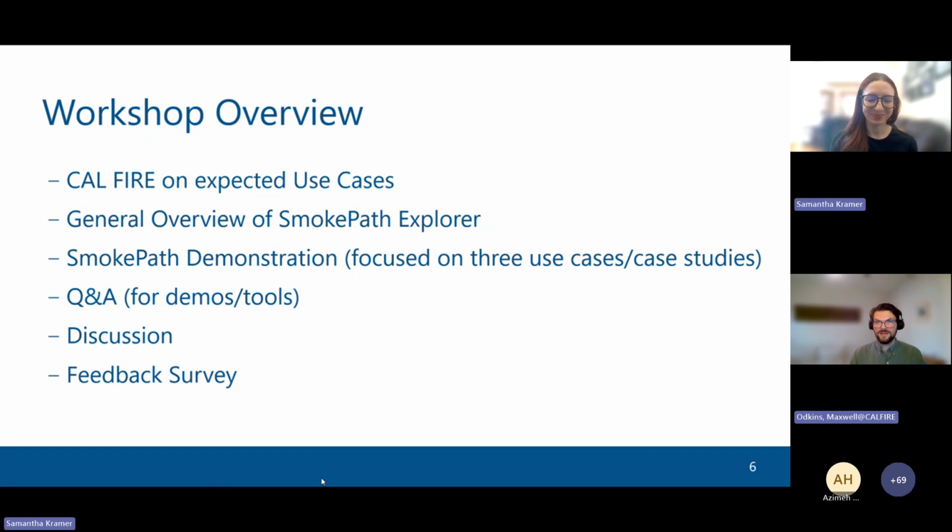I'll open it if there's anyone else at CAL FIRE who wants to step in for a few words on any other expected uses you would hope you might get out of a tool like this for predicting smoke from fires.